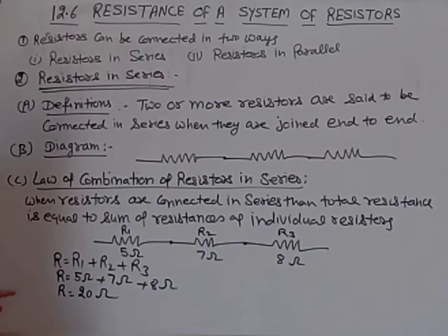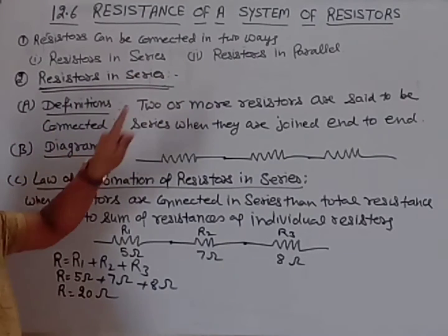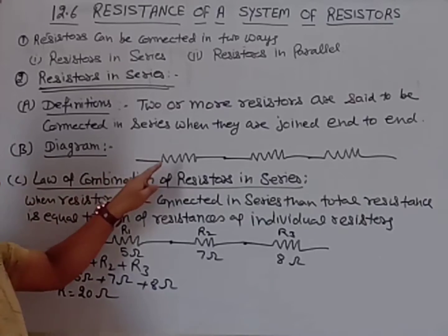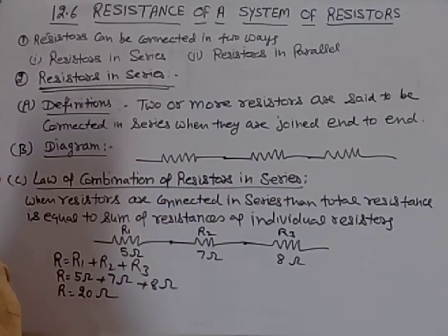Thus we have studied that resistors can be connected in two ways, in series and in parallel. Two or more resistors are said to be connected in series when they are joined end to end. This is the diagram, 3 resistors joined end to end. And to calculate the total resistance, we simply add.